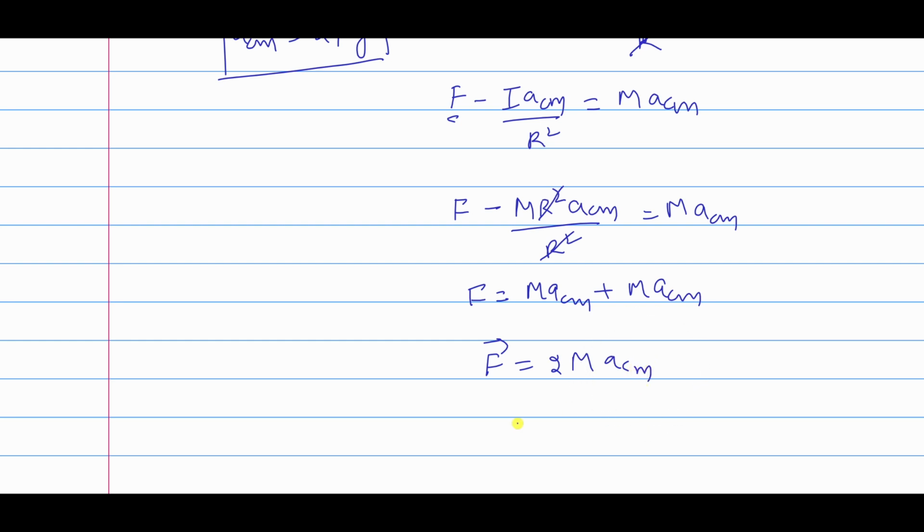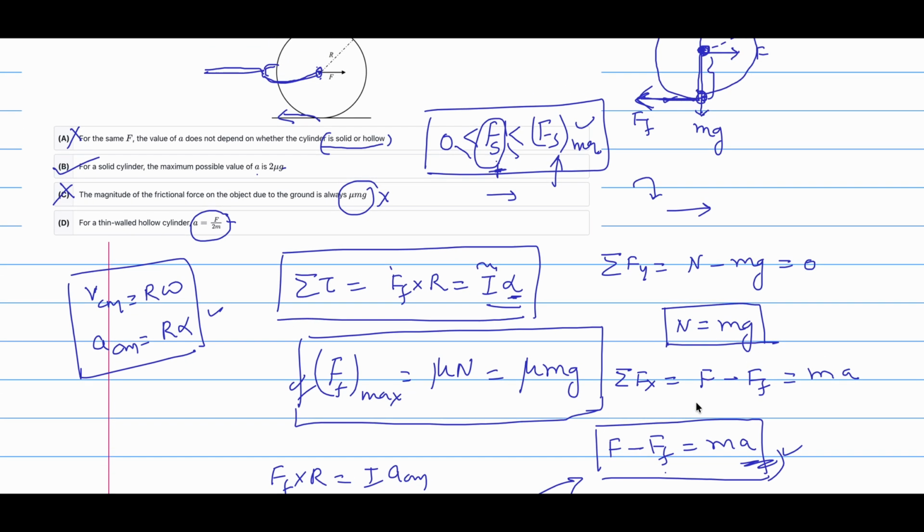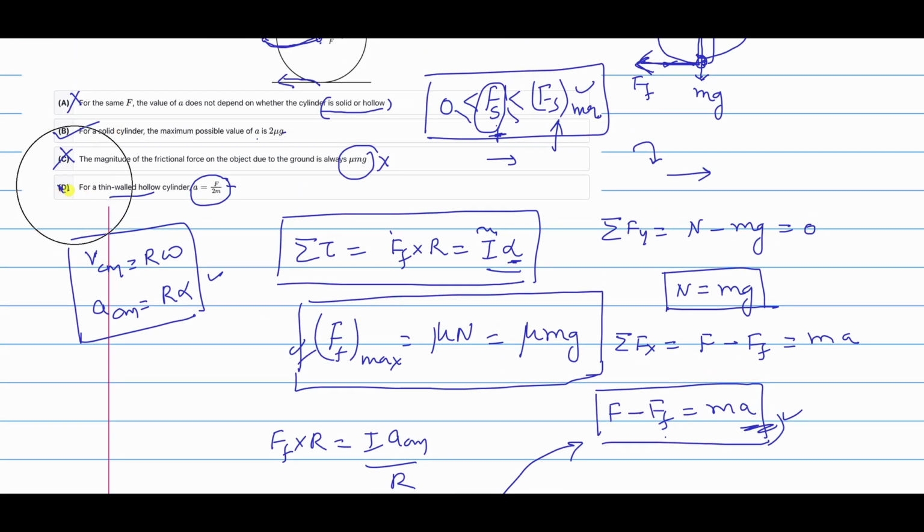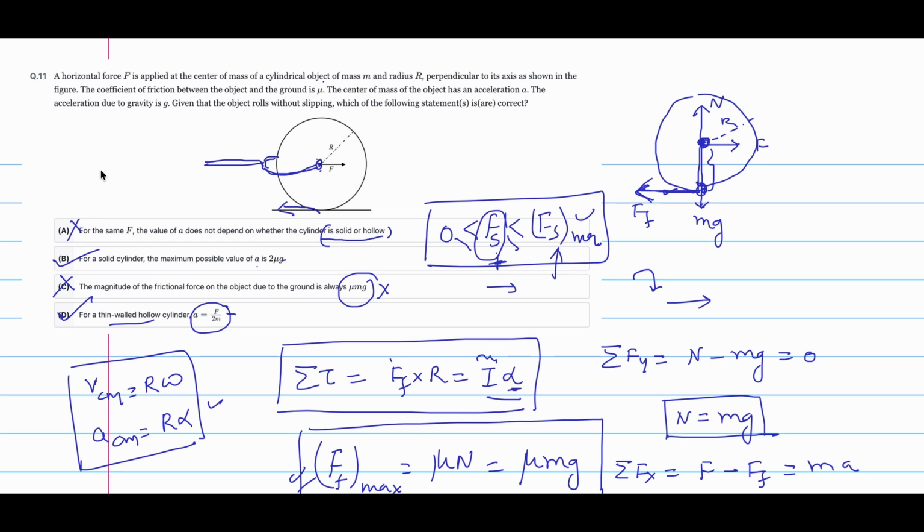Therefore a center of mass becomes F upon 2m. So this is our a center of mass when we have a thin walled hollow cylinder, which is F upon 2m, and we also got F upon 2m. So this option is correct. So the correct options for this question are B and D. Okay.